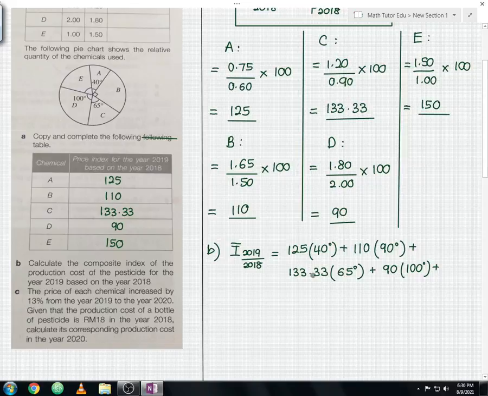Plus the price index for chemical E, which is 150, and then you times it with the respective weightage.